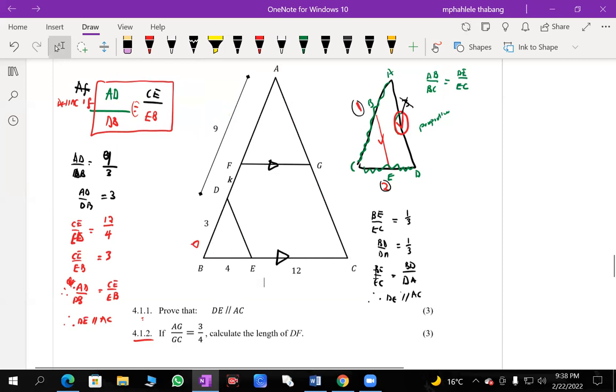So how do you conclude FG is parallel to BC? Once you have AG over GC equal to AF over FB, we apply the theorem: if a line is drawn parallel to one side of a triangle, it divides the other sides in proportion. Why would FG be parallel to BC?